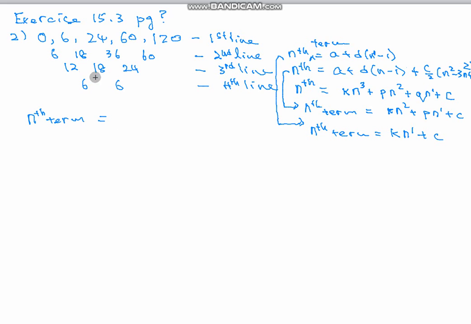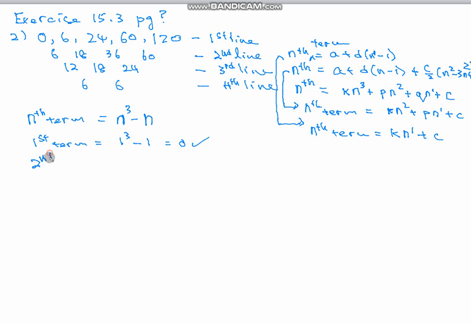Short of time. Let me tell you, it's basically n cubed minus n. How? Check first term. 1 cubed minus 1 gives 0. Check. Yes, correct.